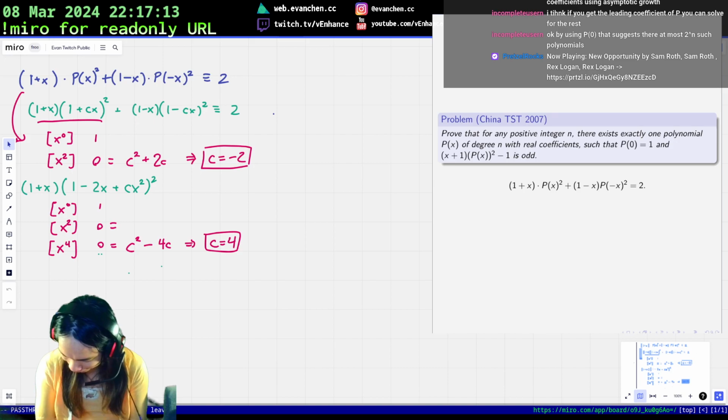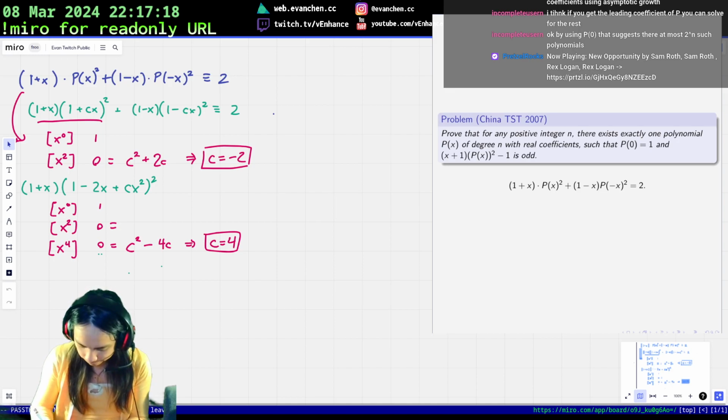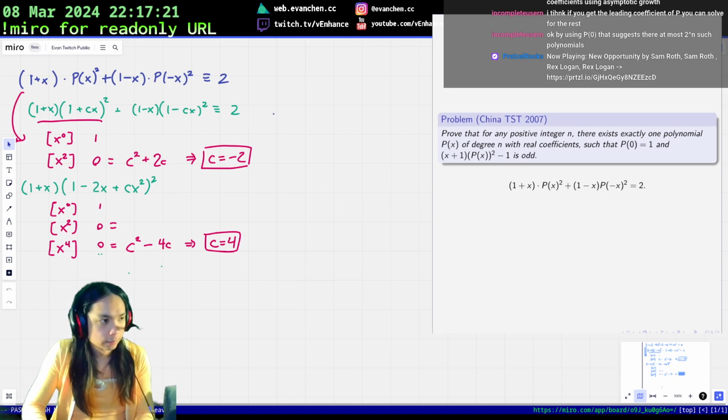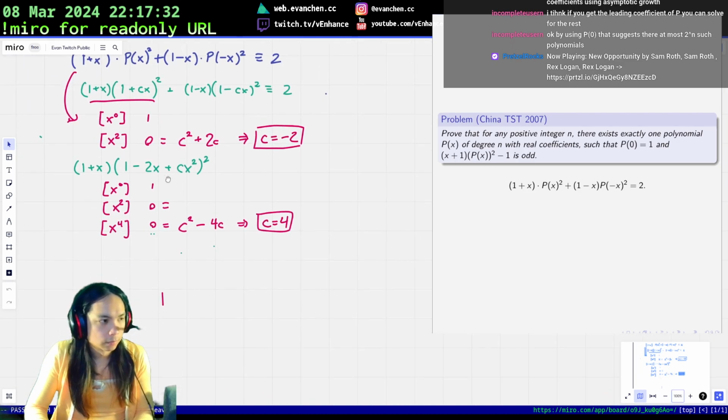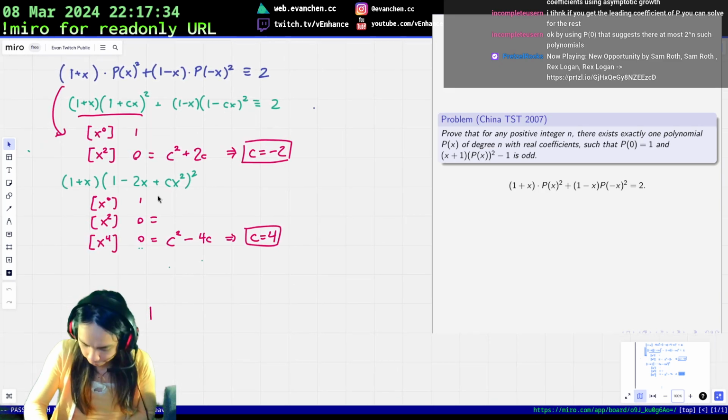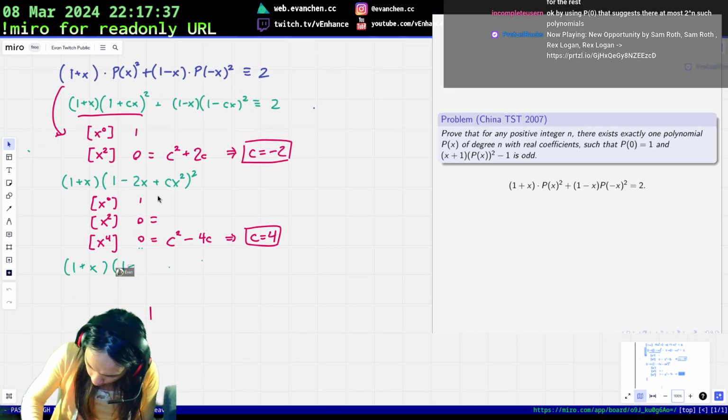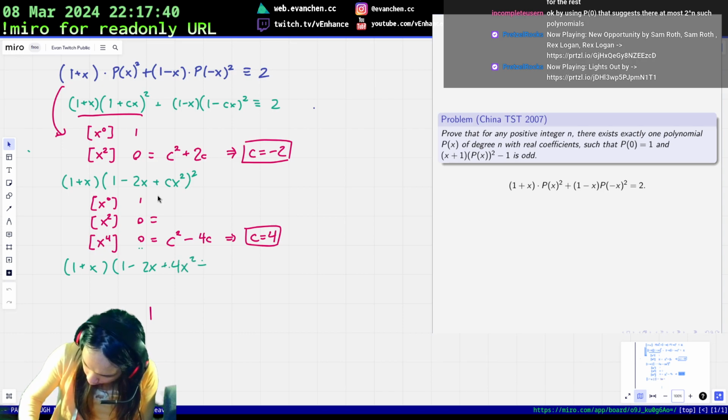Because when I do the next layer, if I imagine doing the next layer, like 1 − 2x + 4x² − 8x³, or plus c x³, the top coefficient will be c² plus 8c, right?